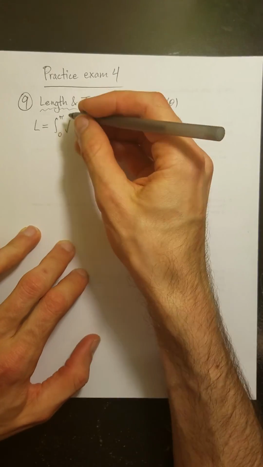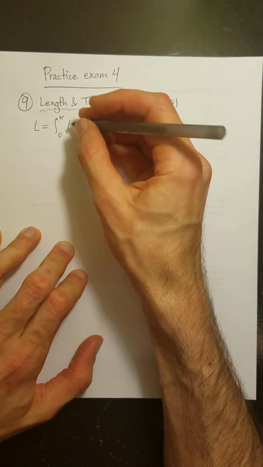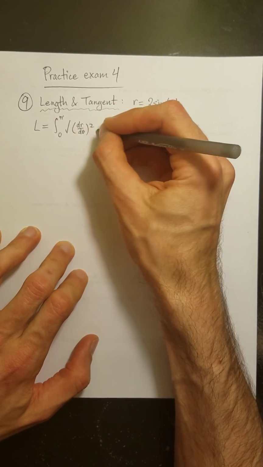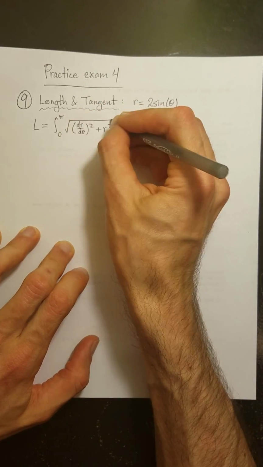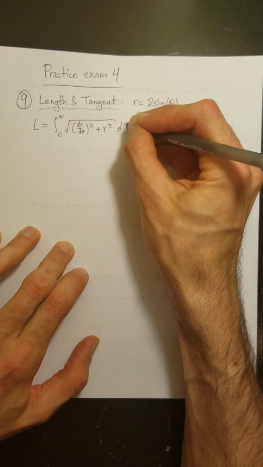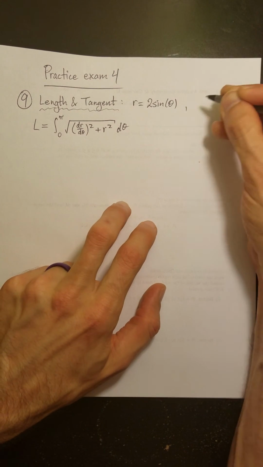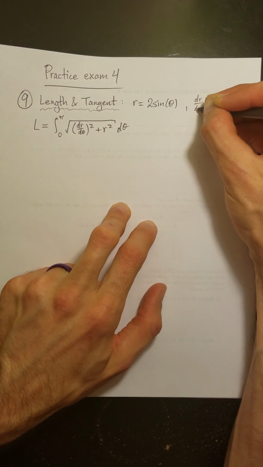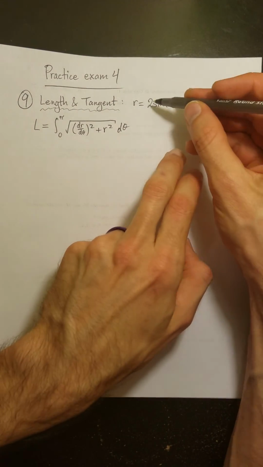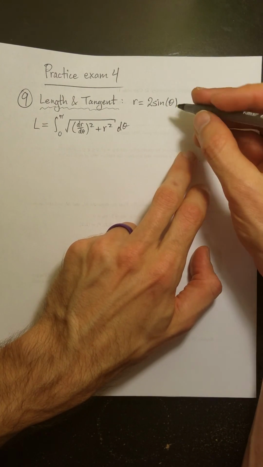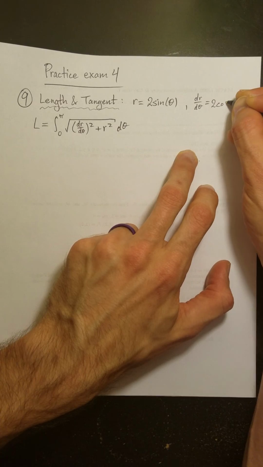And I need to integrate the square root of the derivative of r with respect to theta squared plus r squared. So I need to find this quantity dr d theta, and that's what I'll do first. dr by d theta: I just need to differentiate 2 sine theta with respect to theta, and so this is going to be 2 cosine theta.